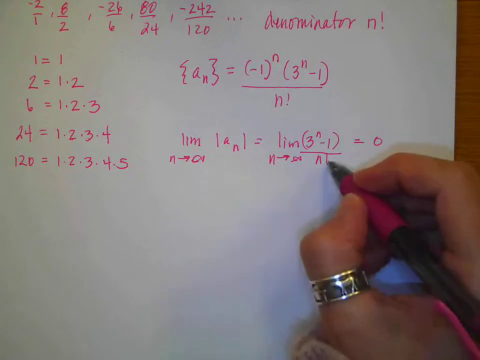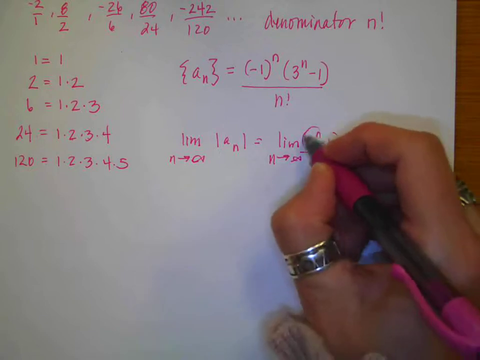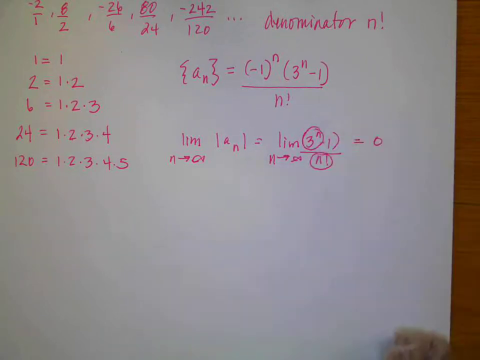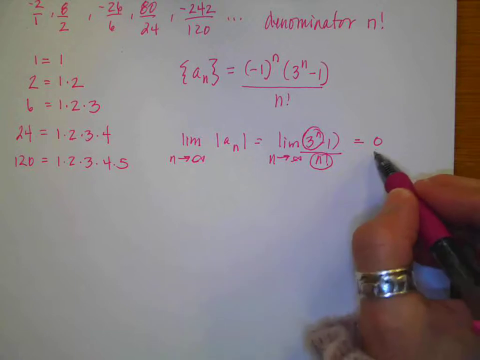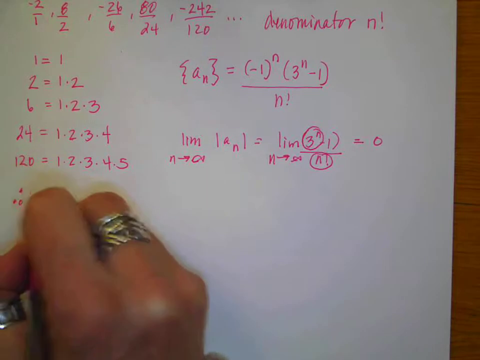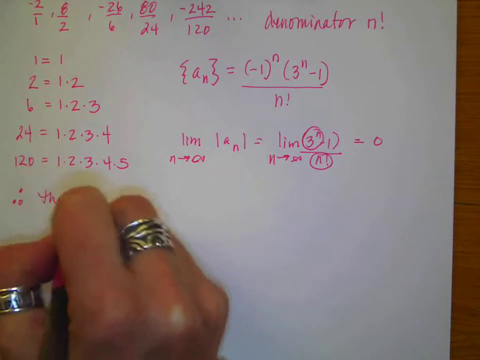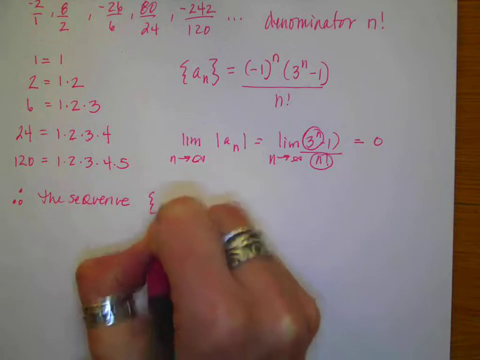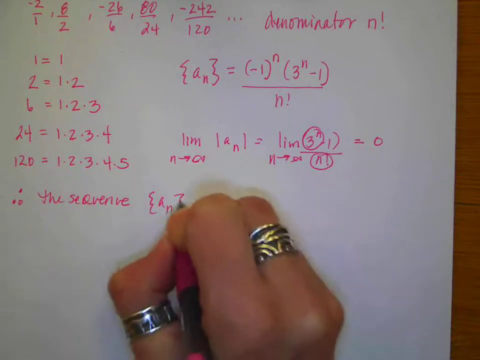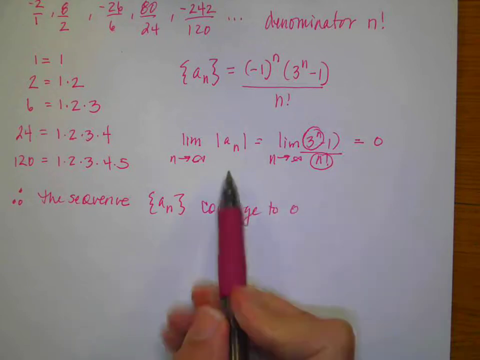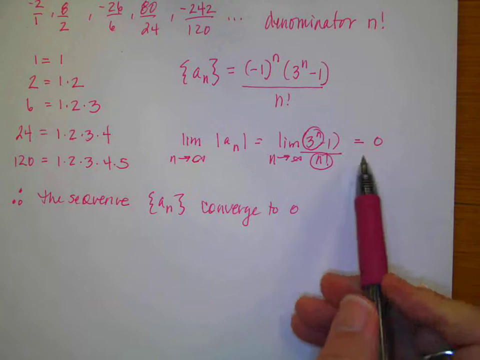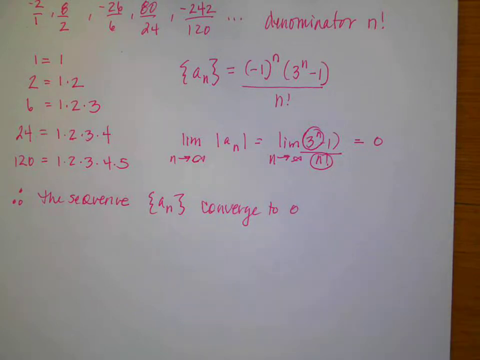Okay, so then another thing that we need to remember is that factorials grow faster than exponential functions, which means that this number is getting bigger than this number. This will always be bigger, which means that my limit is approaching 0. And so then we have this handy-dandy rule that says for the sequence a sub n, it's going to converge to 0. And if we can manage the absolute value, then we can talk about what happens.